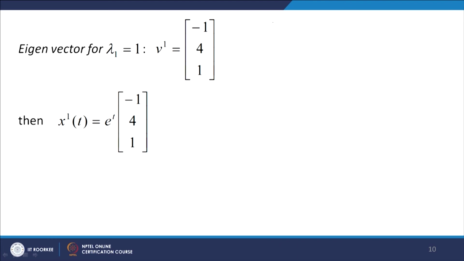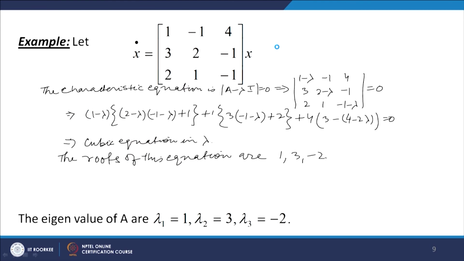Okay. So, we have to solve the equation (A minus lambda I) v equal to 0. Lambda is equal to 1 here. So, we get (A minus I) v equal to 0. Now, A minus I means from the matrix A we subtract the identity matrix. So, the diagonal elements will be subtracted by 1 each.